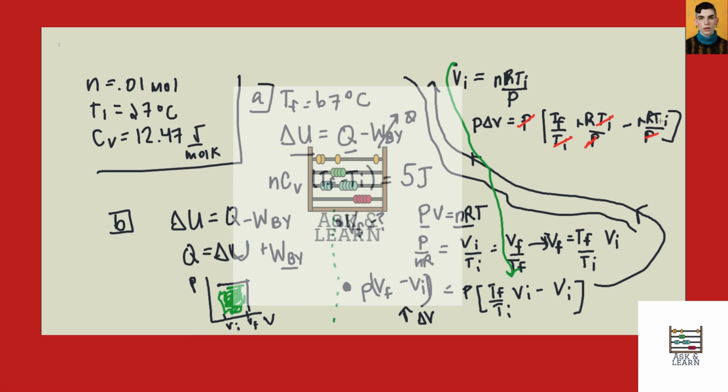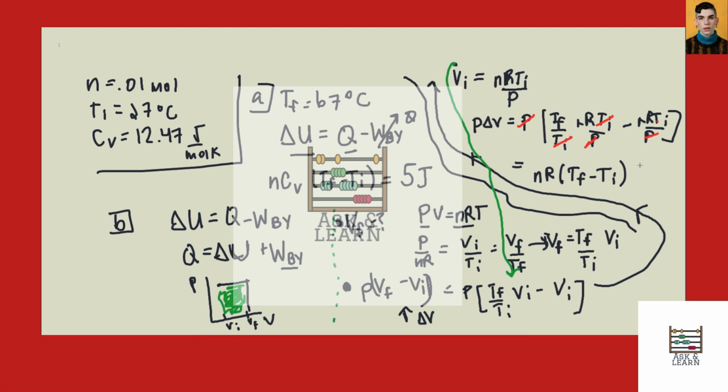So if you distribute that P, then it cancels and you're just left with nR times (T final minus T initial), which is the same thing as delta U was in the case that there was no work done.